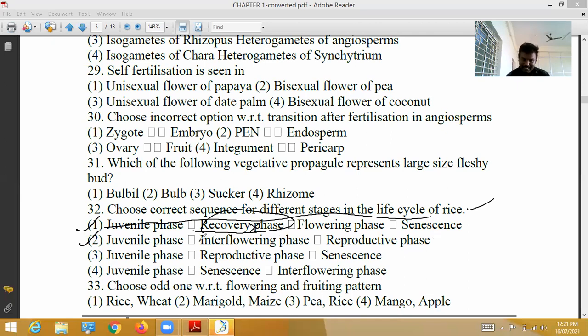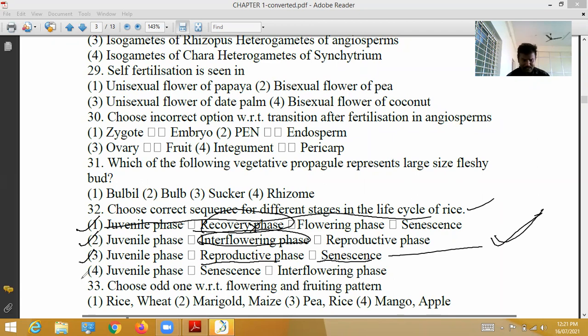The interflowering phase does not occur in the life cycle of rice. So options 1 and 2 are wrong. Let's see the third option: juvenile phase is followed by reproductive phase, and reproductive phase is followed by senescence. So the third option is the correct option.